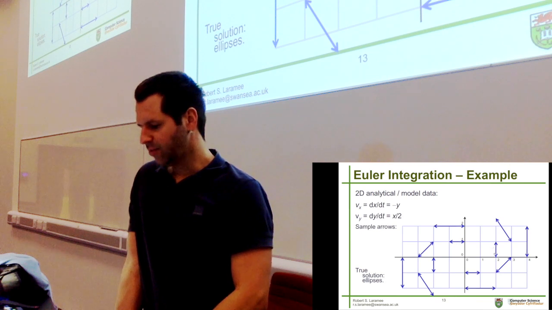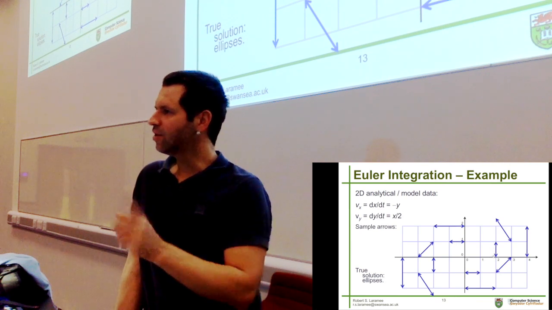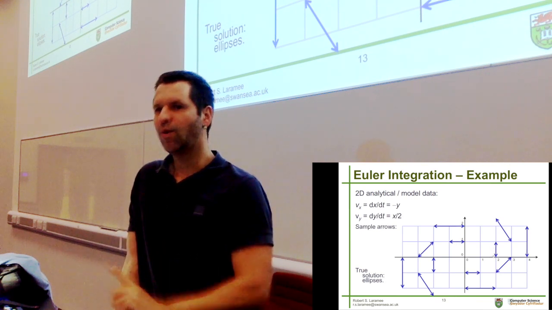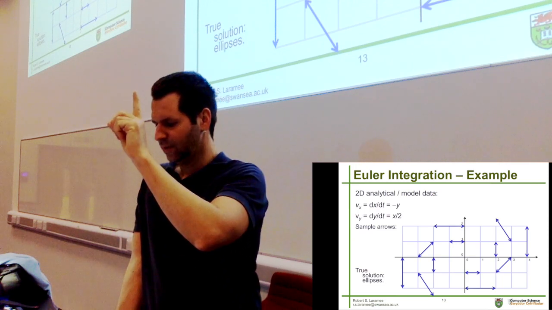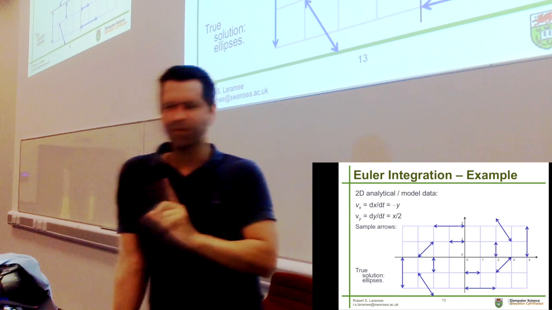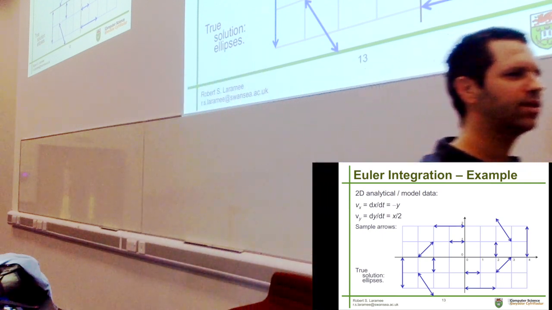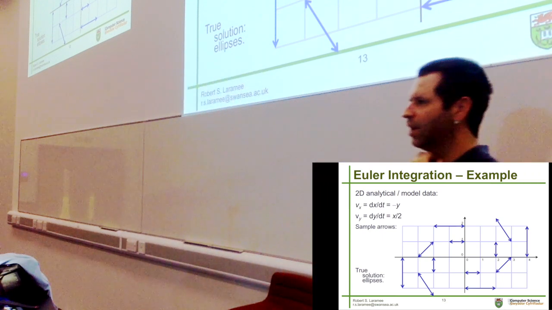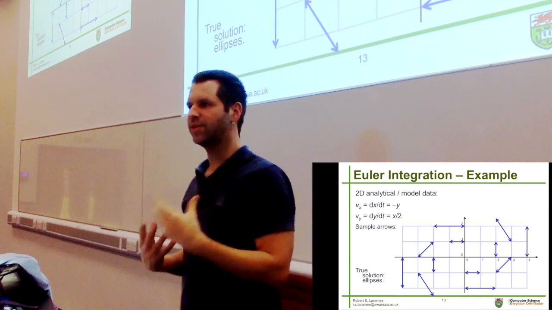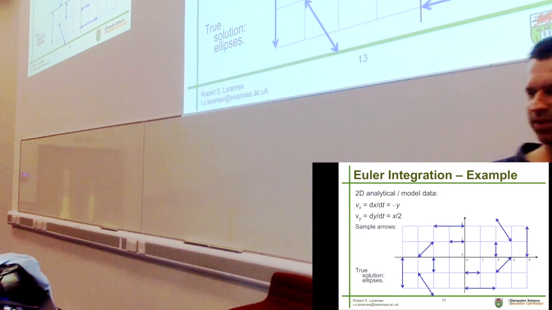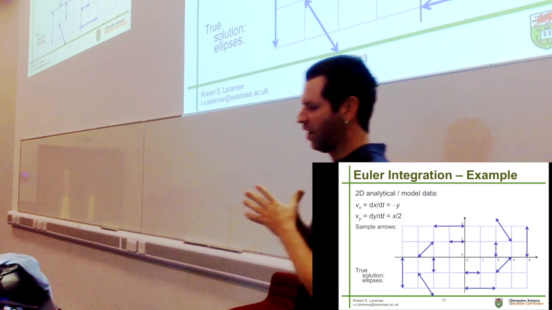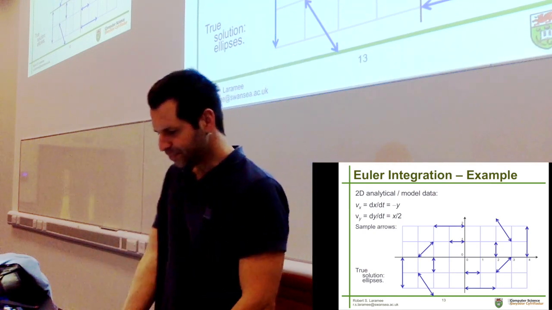So this x component is 0, there's no x component, and the y component is 1, which means it's pointing straight up. So that's what the vector looks like at that point. That's called an analytical vector field. And we can do this exercise at any point in the 2D space and derive the vectors there.